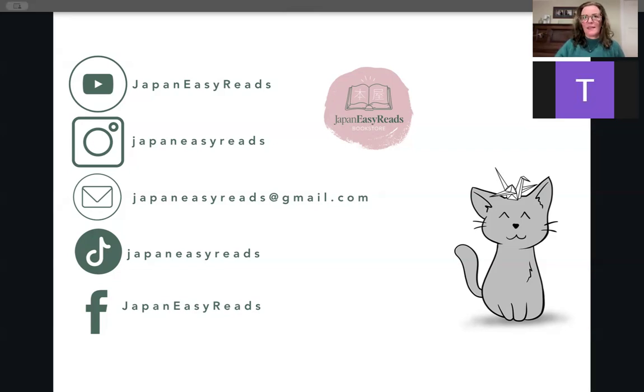Rather than spending a lot of class time and energy with individual hiragana practice, which can be very pleasurable to lots of students, I think it is a disadvantage for a chunk of students that have that oral input.